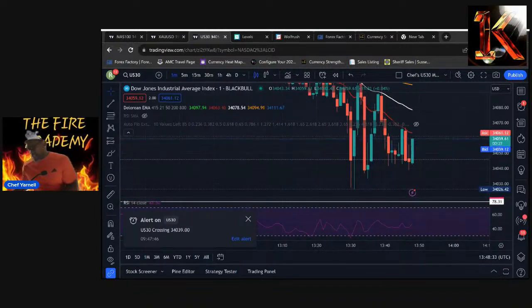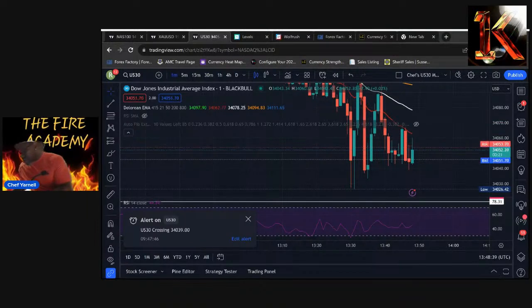All right, NAS is pushing up really nicely. Come on, NAS. There we go. NAS has entered the trade.